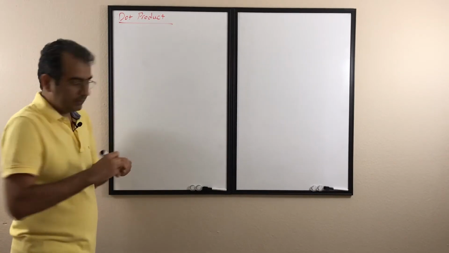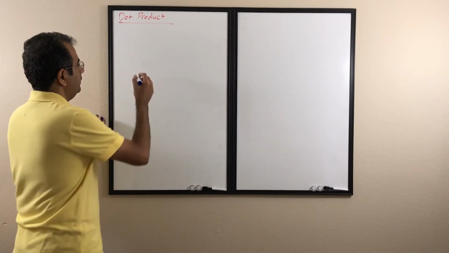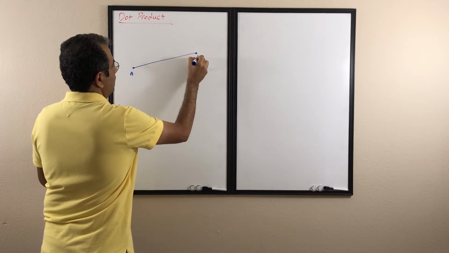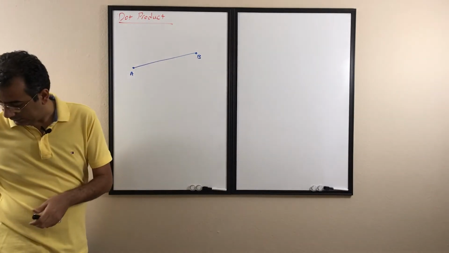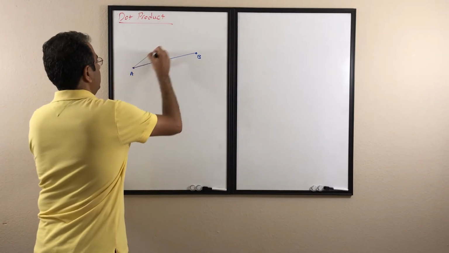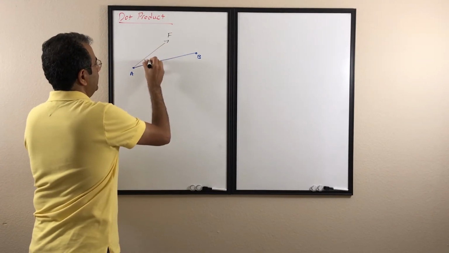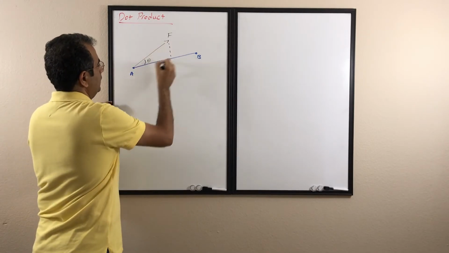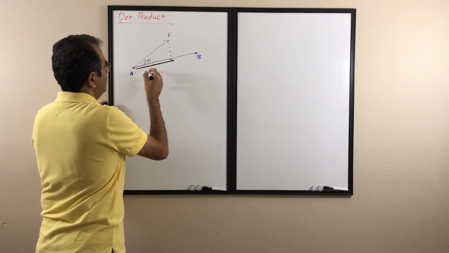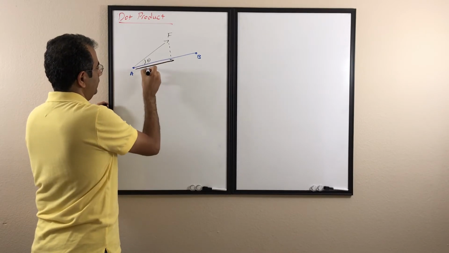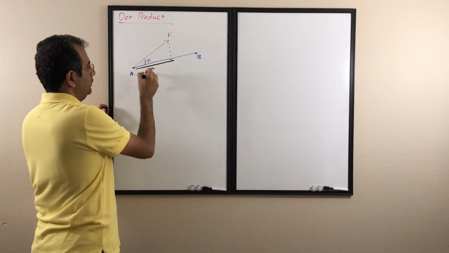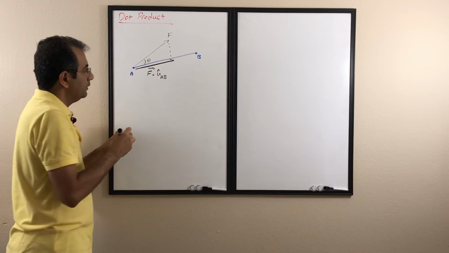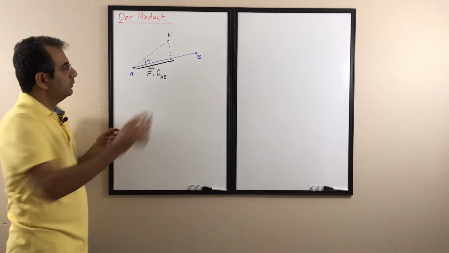So again, consider that line AB that we had here, and then we have the vector F and angle theta, and we showed that the magnitude of the projection is F dot UAB, the unit vector along AB.